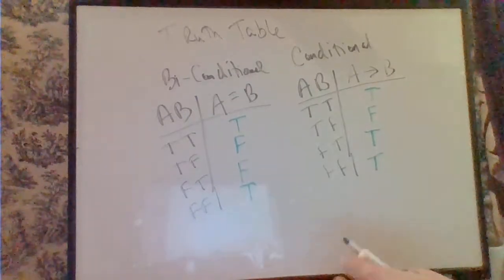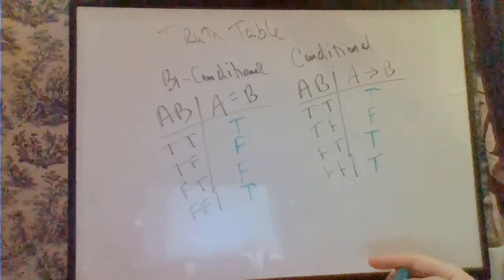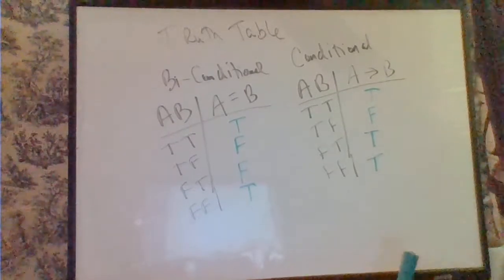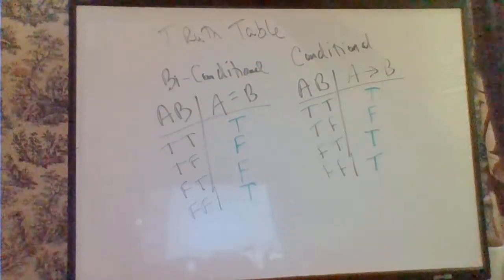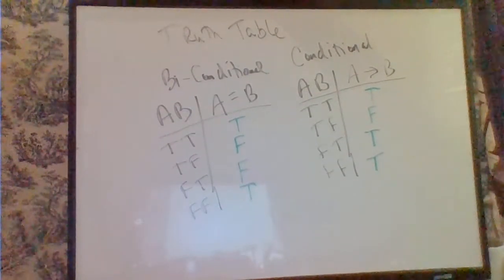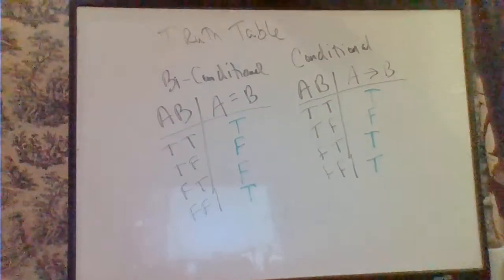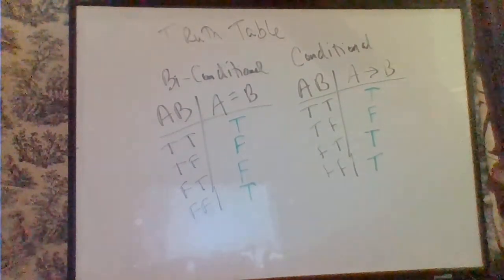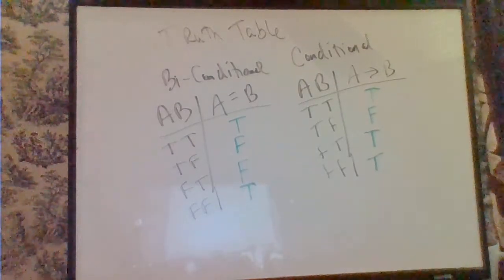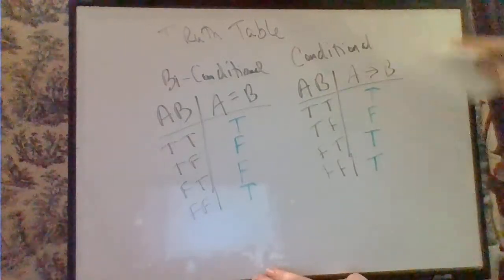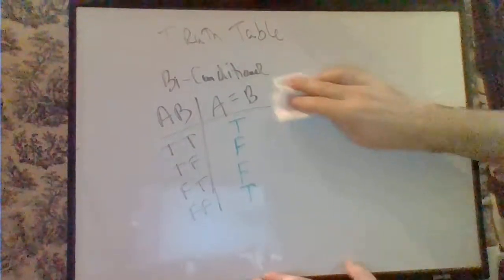Now, once you have those 5 truth tables, those are the tools that you're going to be using for both determining the truth value of sentences and for determining the validity of arguments. So, let's take a look at using these for sentences to begin with.